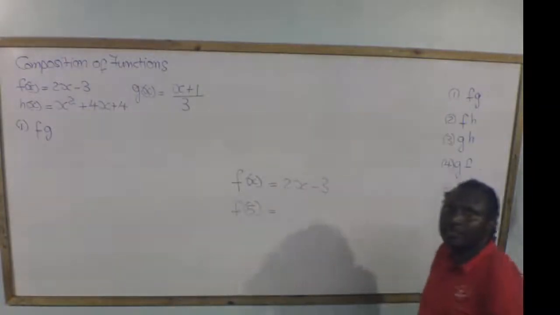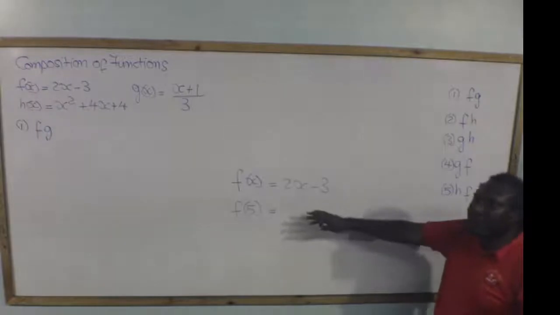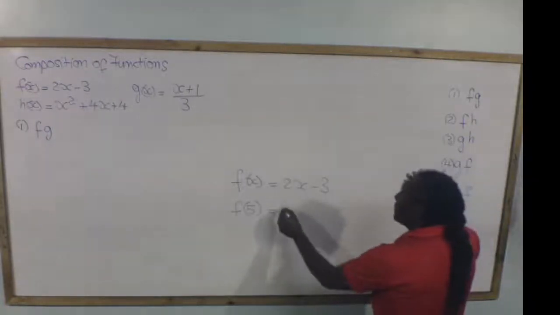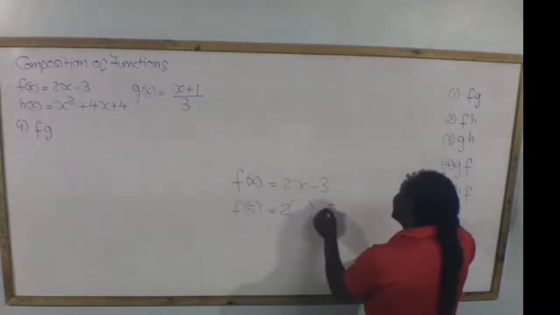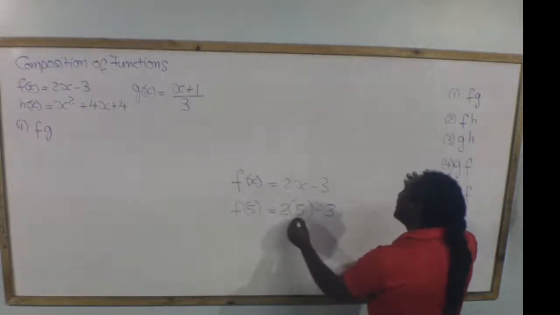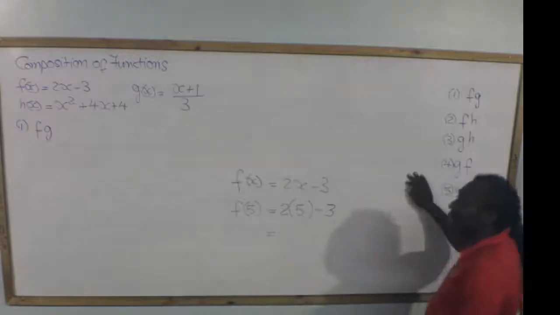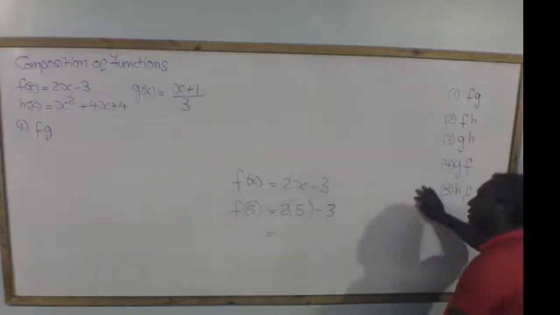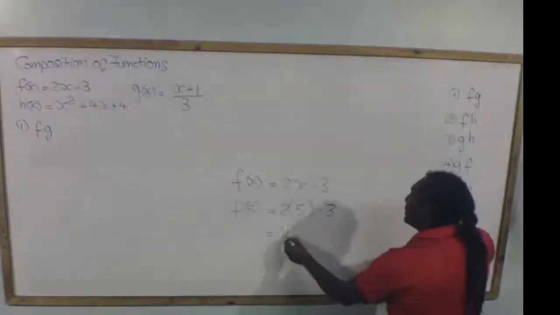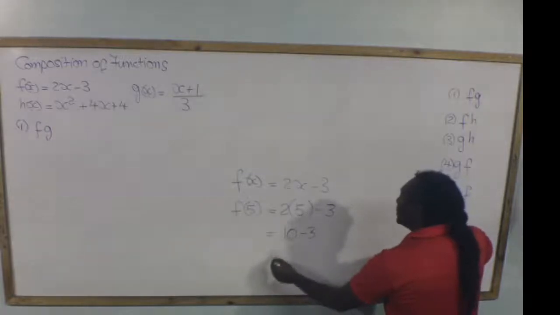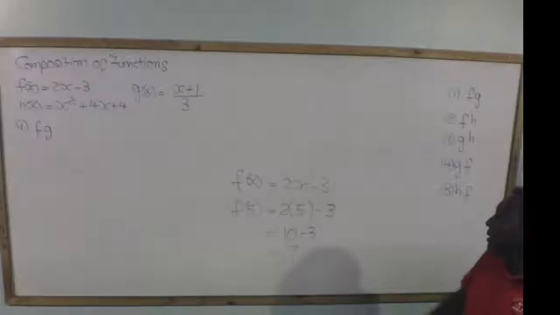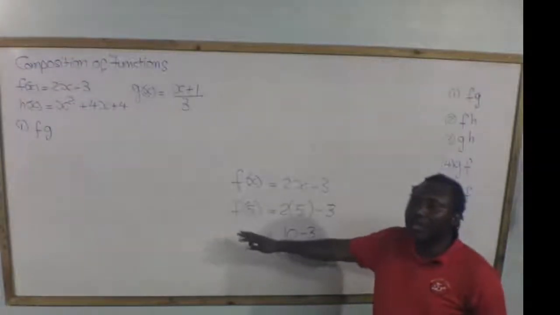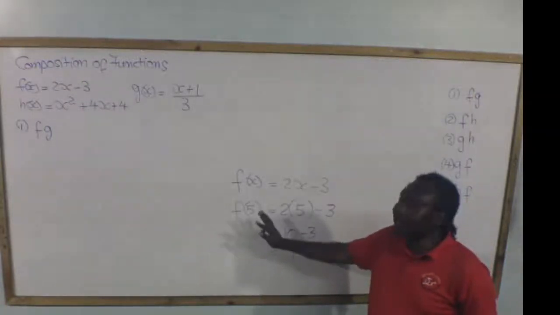So we have f of 5, and all that is required of us is to replace the x with 5. And our work is done. So that will be 10 minus 3, which is equal to 7. So that's your function operating on a regular number.